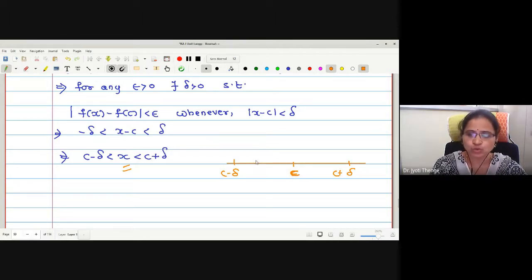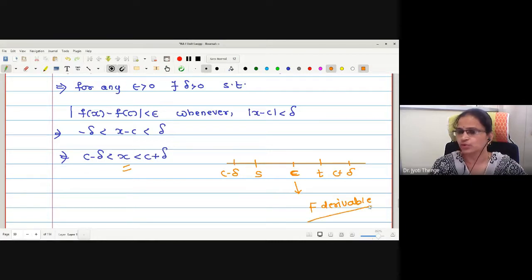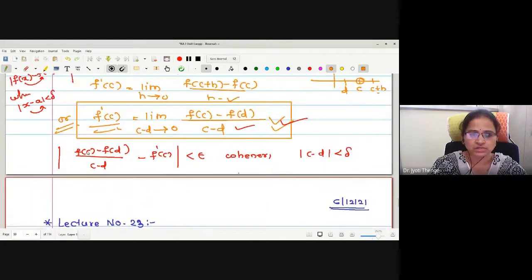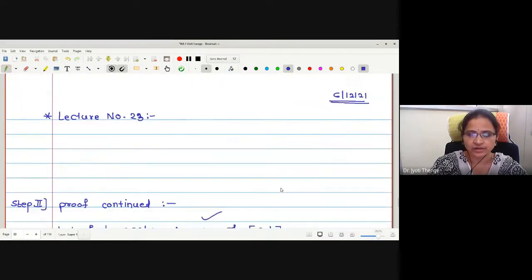I am going to take 2 points nearer to C, one on the left side, let me call it S, one point on the right side, let me call it T. Then we will use this definition. So let me just write the definition.